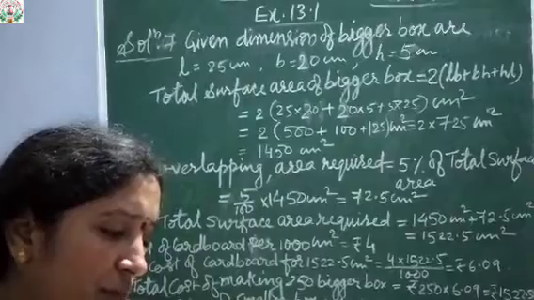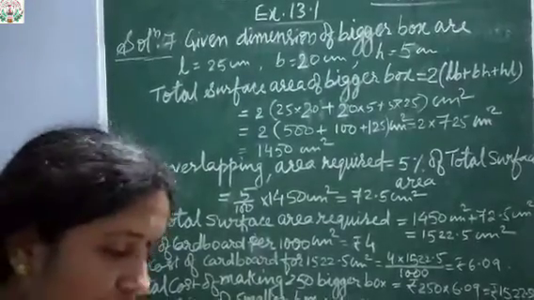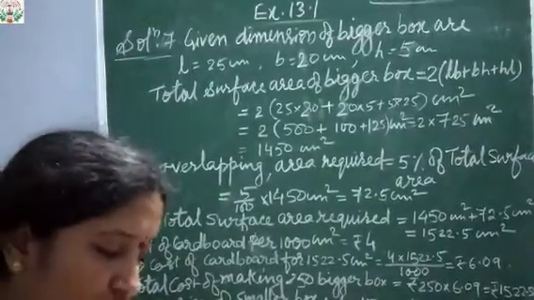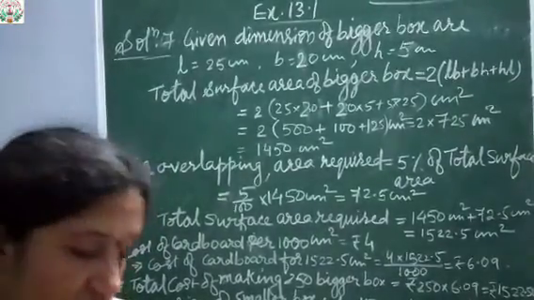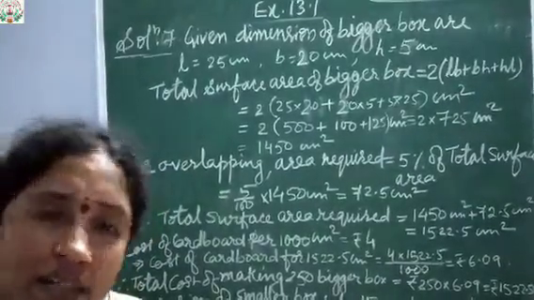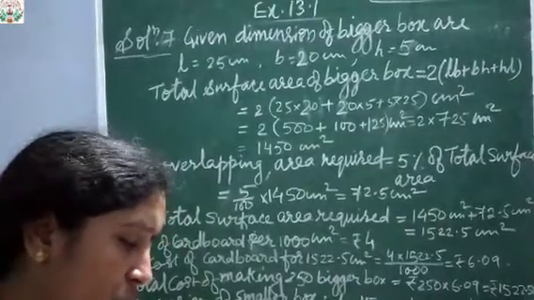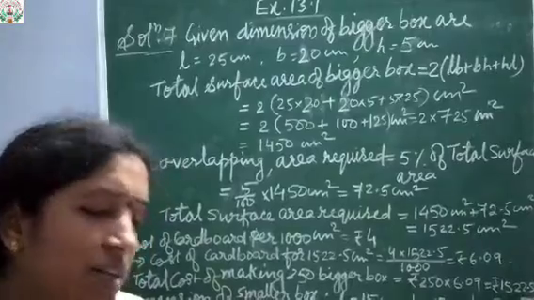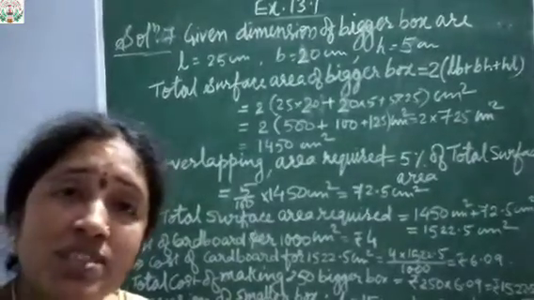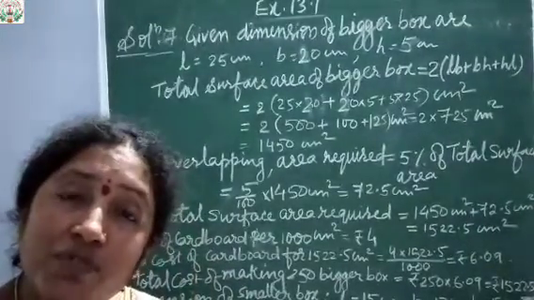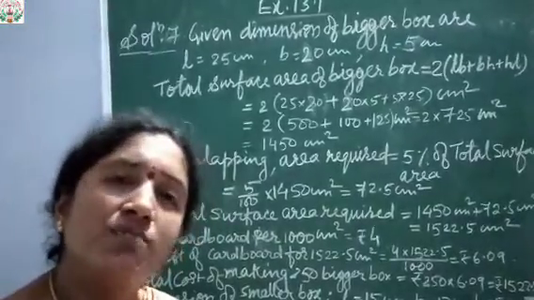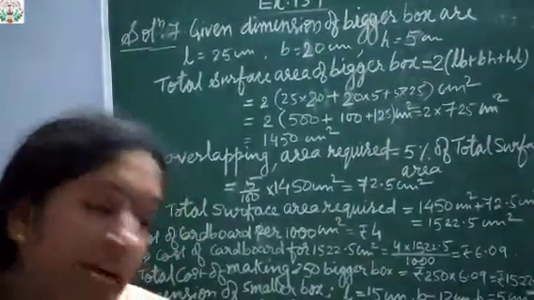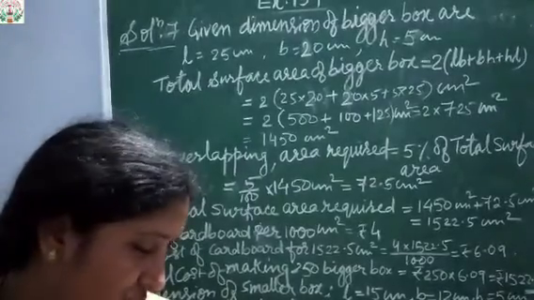And the smaller dimension is 15 cm, 12 cm and 5 cm. That means length is 15, breadth is 12 and height is 5. For all overlaps, 5% of the total surface area is extra. Extra means after the total surface area, 5% of that will be added up with the sweet box.